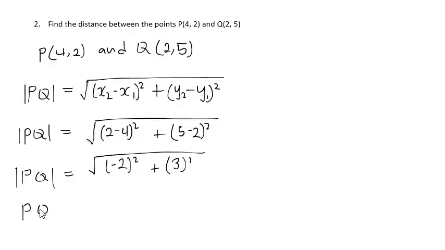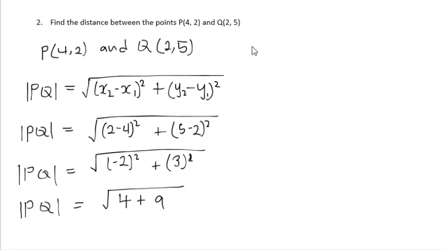Therefore, for the distance PQ, negative 2 squared is positive 4, and 3 squared here is 9.